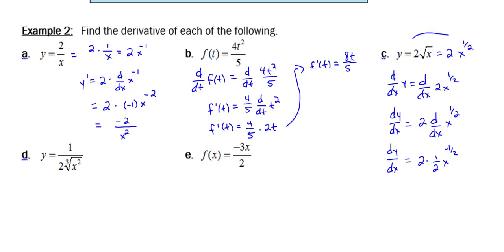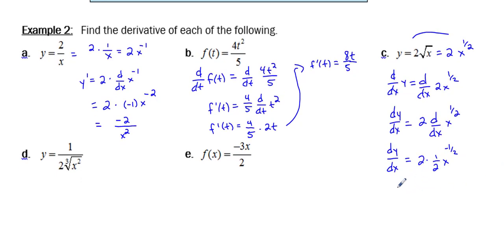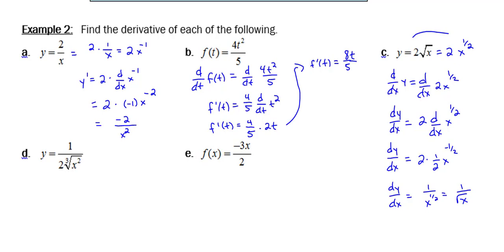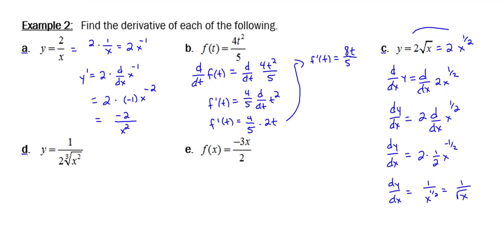We're subtracting 1 from the power. 2 times half is 1. And then x to the negative half means x to the half in the denominator, or we could say 1 over root x, and no need to rationalize right now. We could if we wanted to. Okay, go ahead and do letters D and E, please.